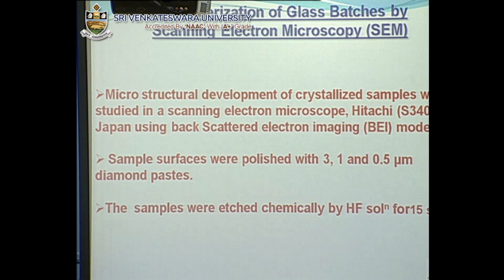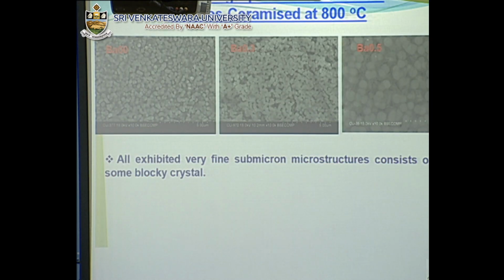Now the microstructural development of the glass batches by SEM or TEM technique. Here you can see that at the ceramization temperature of 800 degrees centigrade, all the barium glass batches exhibit very fine submicron structures consisting of some blocky crystals.